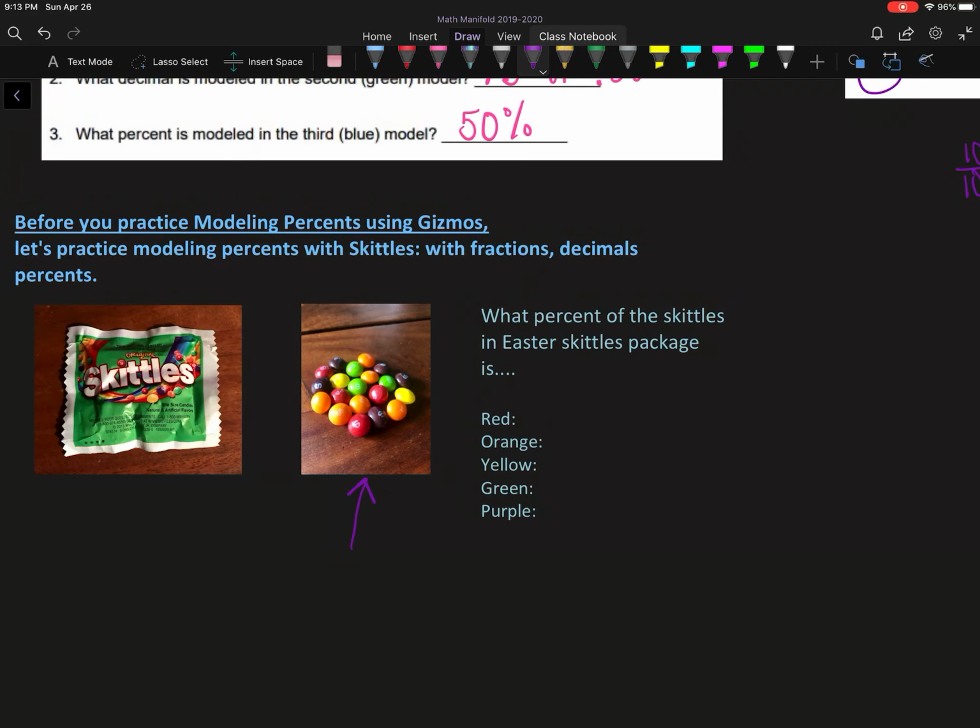So let's go ahead and start off by looking in fraction form, because I think that's going to be the easiest way for us to represent the Skittles right now. If you go through and count, you'll find that there are 20 Skittles total. Because we're looking at this in fraction form, the denominator is going to be my total number of Skittles, and my numerator is going to be the color that we are representing.